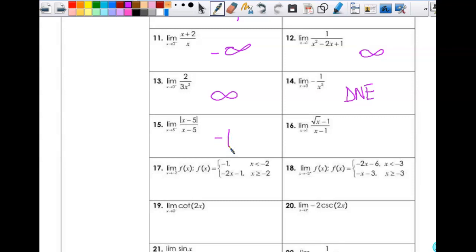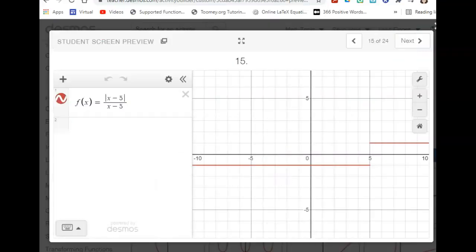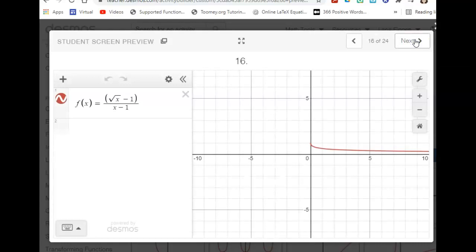All right, let's look at number 16. So the limit as x approaches 1. Here's x equals 1, coming from either side. I can tell by looking that the limit exists. I just need to know what the y value of that is.